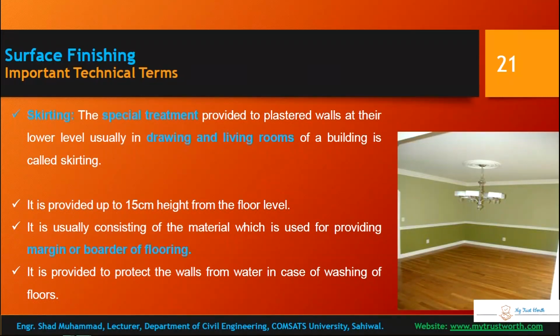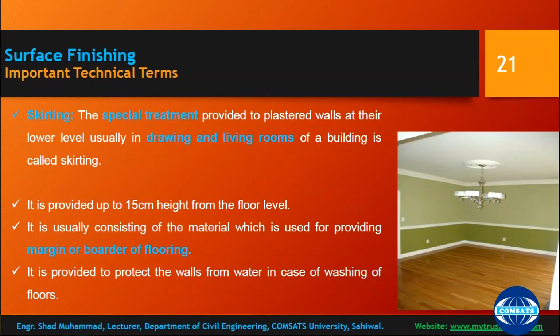You must be aware that dampness can be caused from inside of the building. It is not necessary that all the dampness agents are occurring from the outside of the building. It is provided up to 15 centimeter height from the floor level. It is not recommended, it is just a guideline that it can be up to 15 centimeter height.